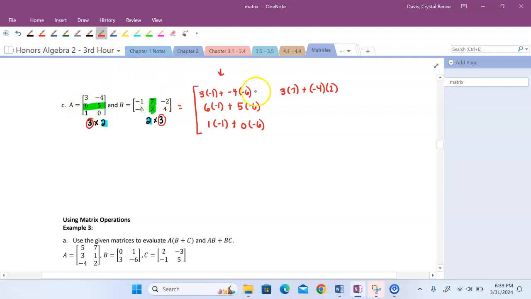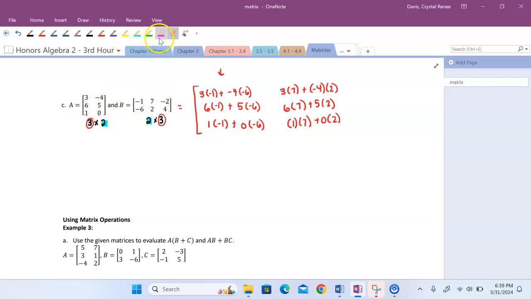So it's going to be 6 times 7 plus 5 times 2. And then I'm going to go down to my third row of my first matrix, and I have now 1 times 7 plus 0 times 2. So now I've taken care of my second column of my second matrix.